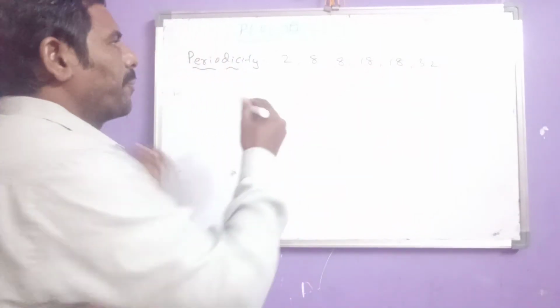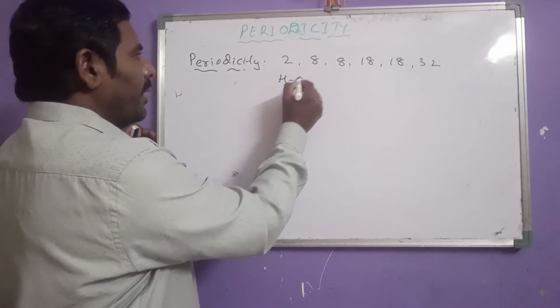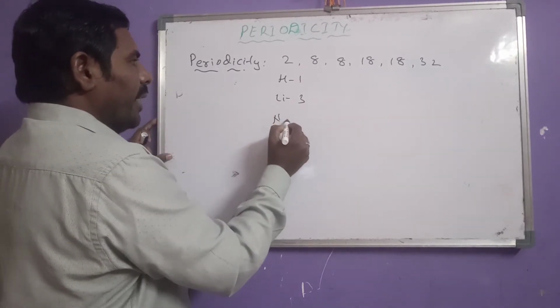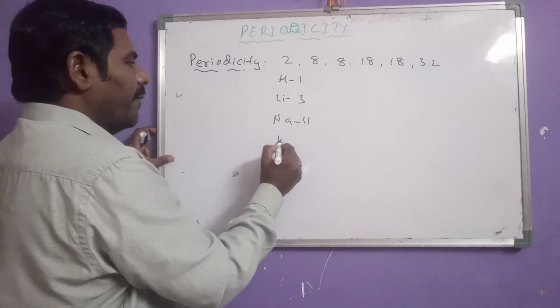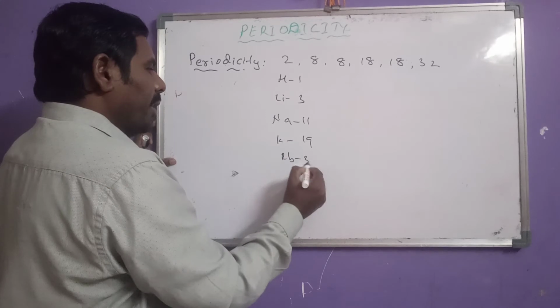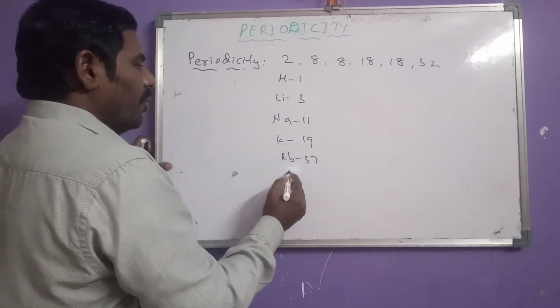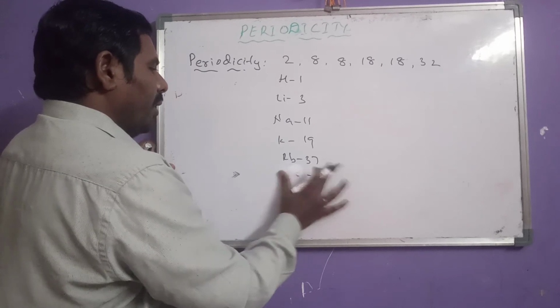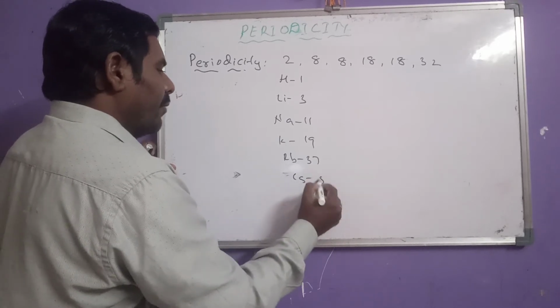That means here hydrogen atomic number 1, lithium atomic number 3, next sodium atomic number 11, potassium atomic number 19, rubidium atomic number 37, cesium atomic number 55, and francium.